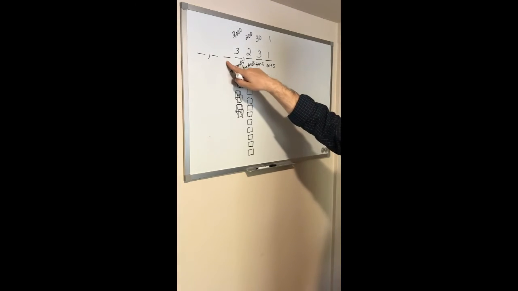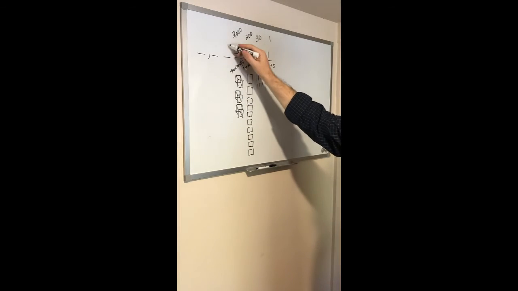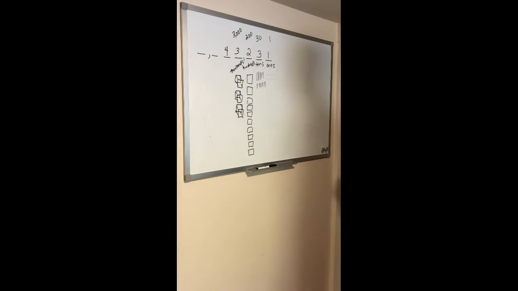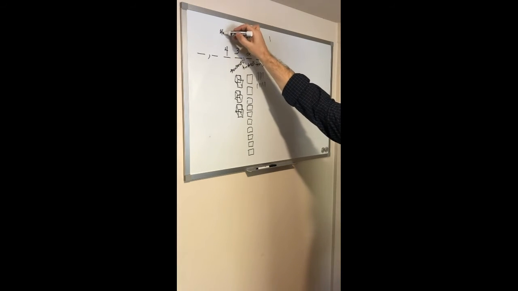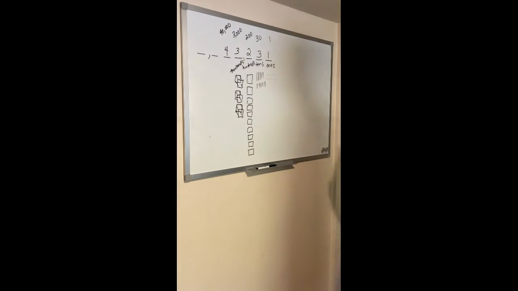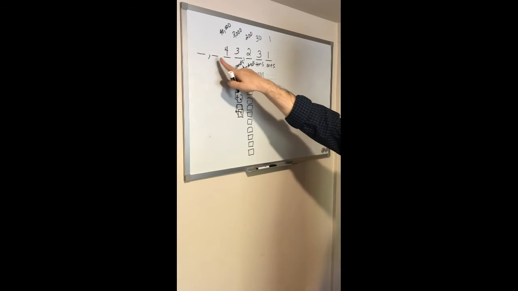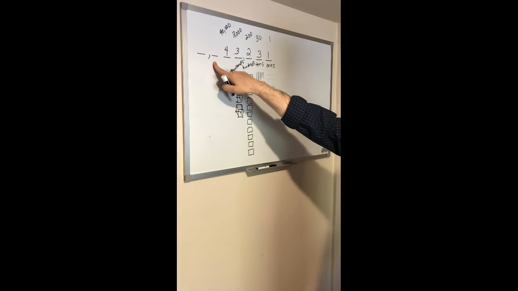But I do want to tell you that this place value is called the 10,000s place. So if I had a digit like 4, the digit is 4, but its value is 40,000. So 10,000s, this is the 100,000s.